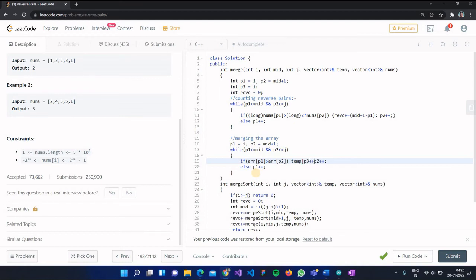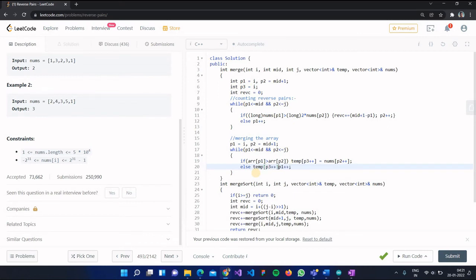We're going to be using this temp array for the same. So we are basically going to be storing this over here. The element at p2 we're going to be storing at p3, and we're going to forward both p3 and p2. So this is going to be storing all the elements in a sorted fashion.